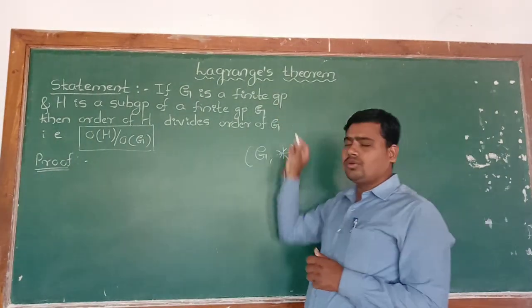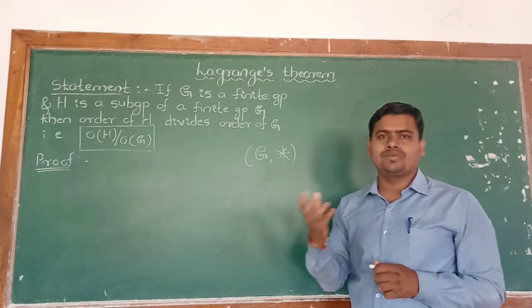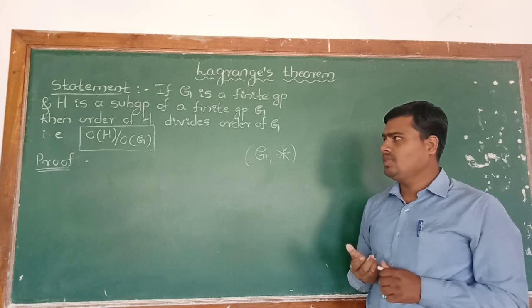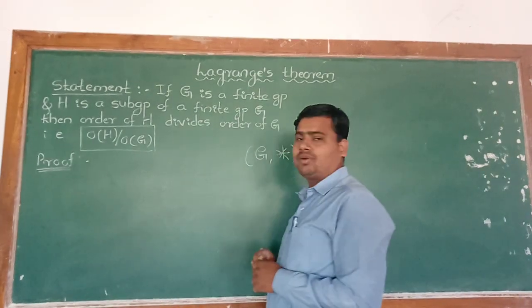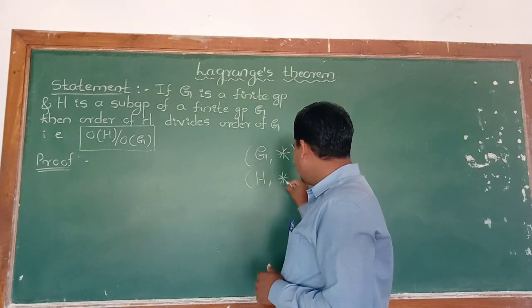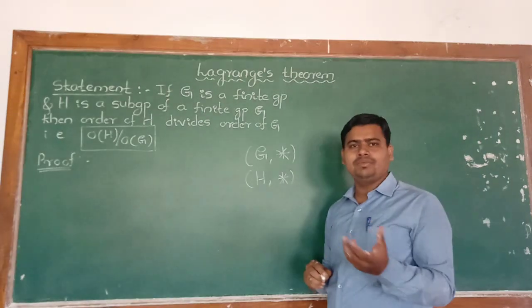And what is a finite group? Any group that contains a finite number of elements is called a finite group. Similarly, what is a subgroup? Here, (H, *) is a subgroup of G. What is the meaning of this?